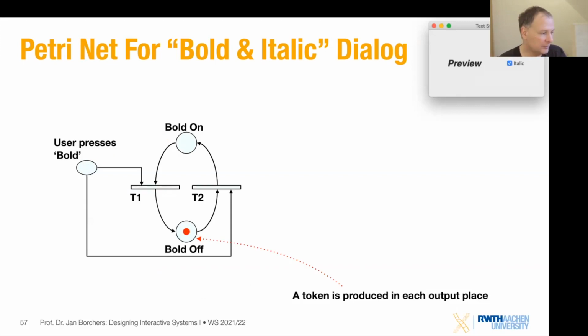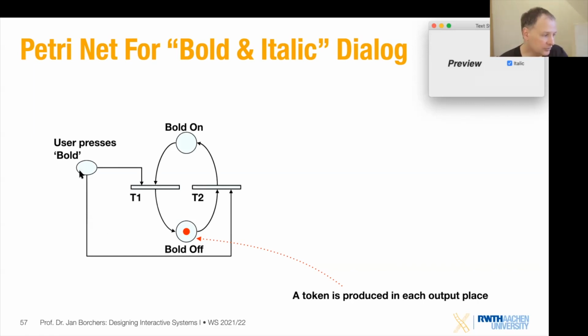It makes sense that one token disappears, because if this token was generated by a user clicking, we don't want it to float around in the system forever. It should get consumed once it's done its thing. Now bold off is active, and we can hook the same place up to the second transition. You could have a separate place for this, but this is the more elegant way, because there is only one place in which the user is clicking.